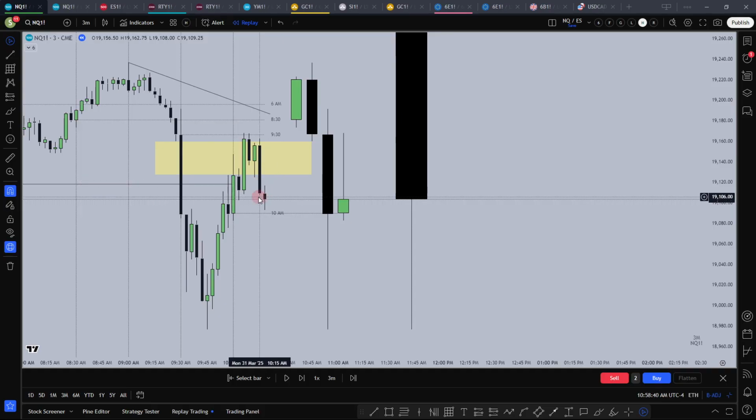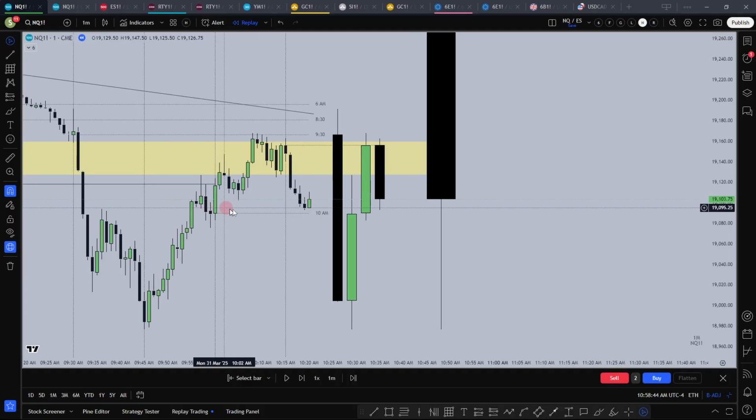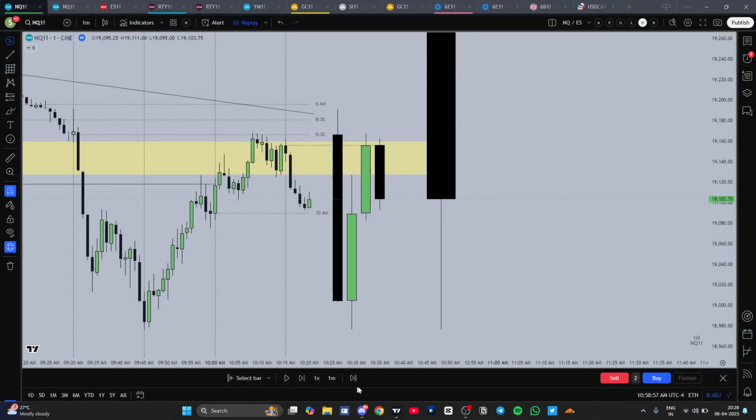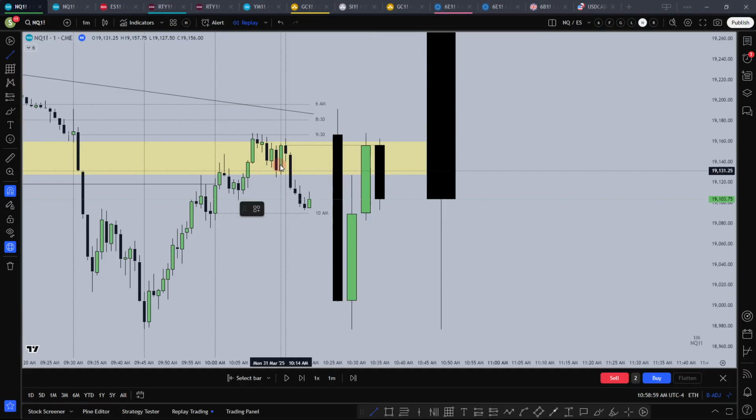So I would look to frame 10-15 over LC. By this closure, the idea wouldn't have been totally confirmed. So I would use this. I would rather use this closure for my framework rather than using it for entry. 10-15 immediately displaces away from this high.